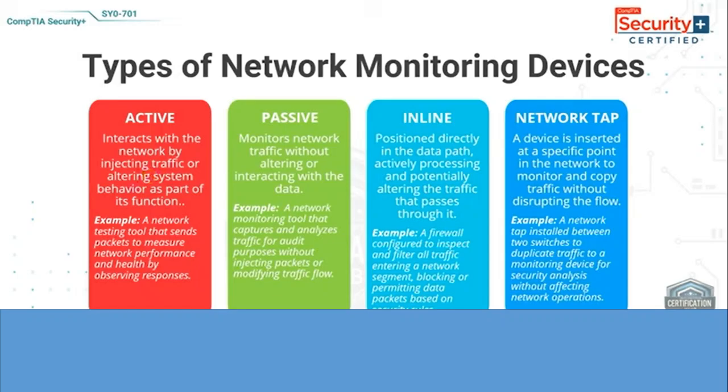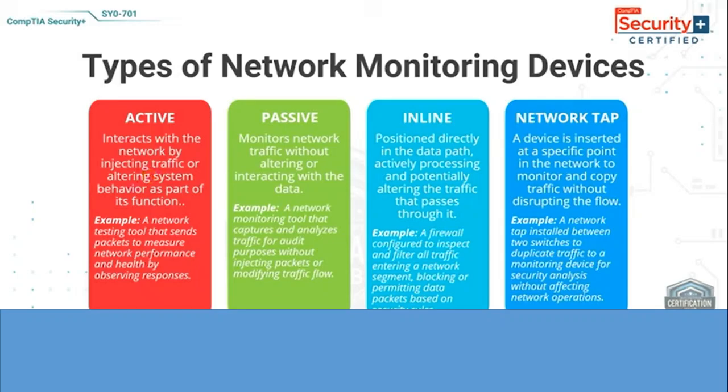Now we are coming to the next, which is the network tap. This is also a network monitoring device. It is a device inserted at a specific point in the network to monitor and copy traffic without disturbing the flow of the network.